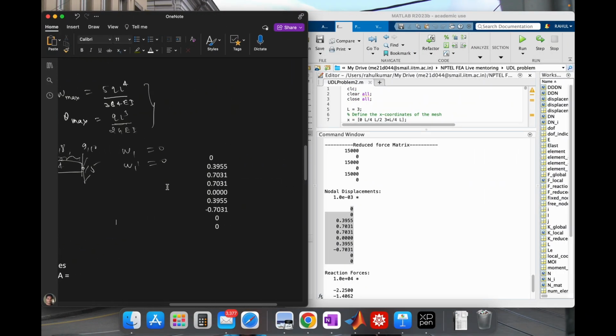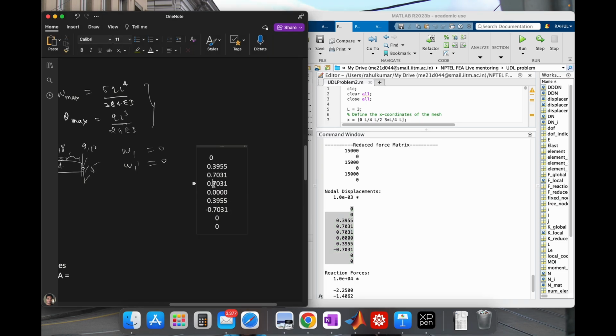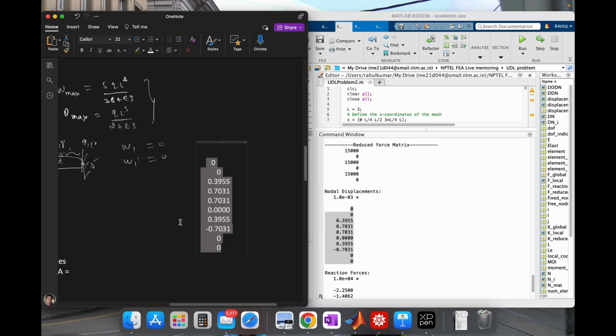There is another 0 which we have mixed in, so first I will paste it again. So yeah, this is the result which we are getting.